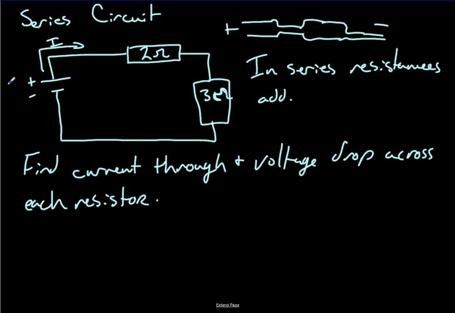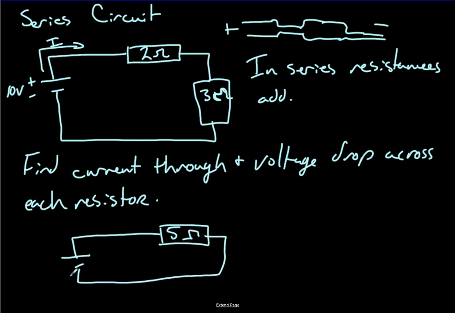Now we need to know what the voltage is, so let's make it a 10 volt circuit. Step one would be to recognize that these are in series and they add. So it would be the equivalent circuit just having a 5 ohm resistor in it.